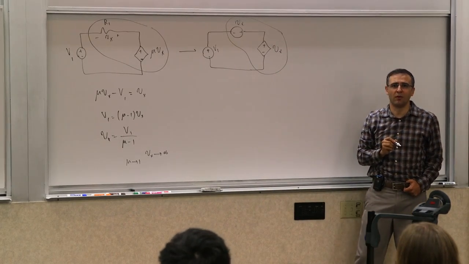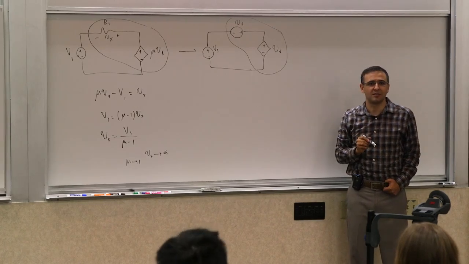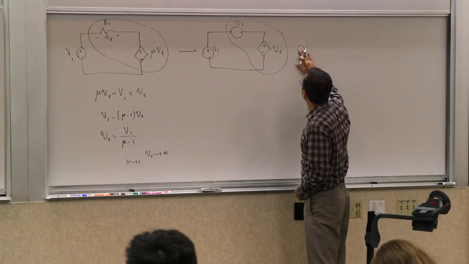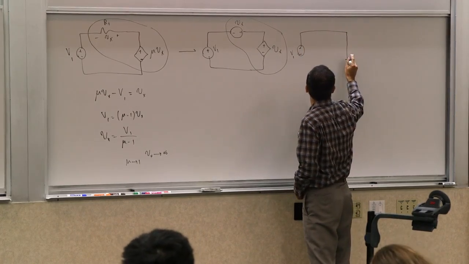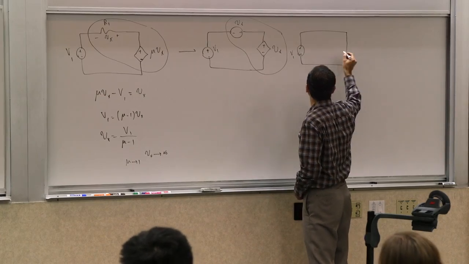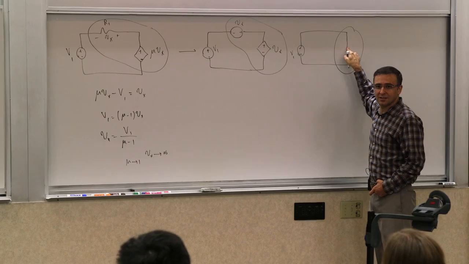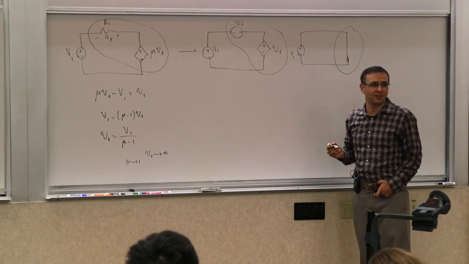The series combination of two voltage sources with the same magnitude and opposite polarity is a voltage source with a value of 0, which is what? A short circuit, right? So you're short circuiting a voltage supply.